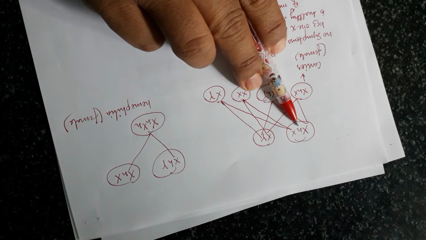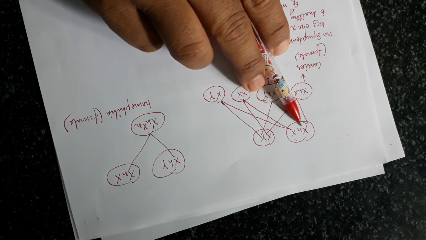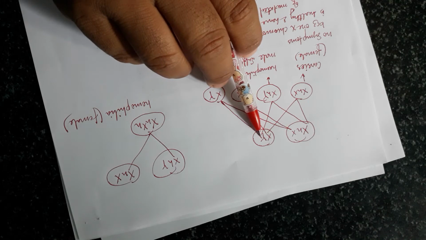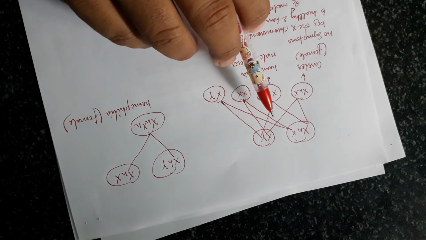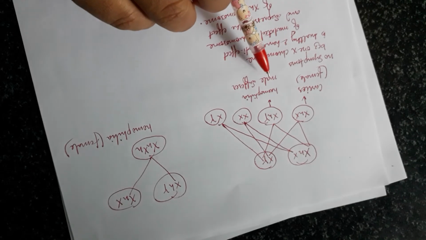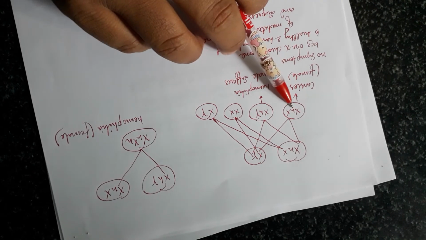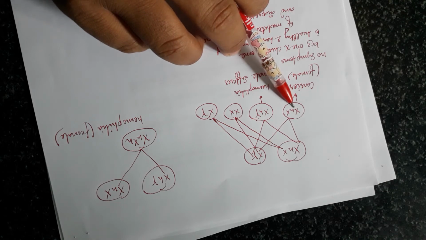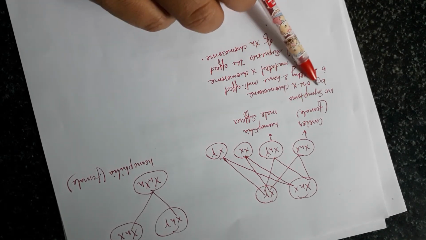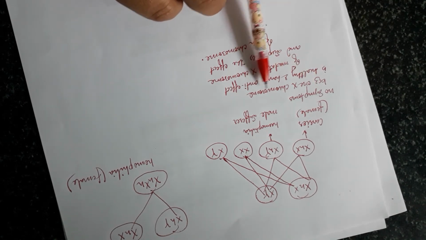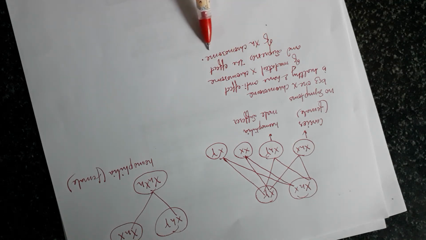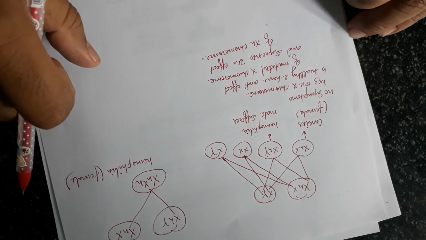This is the female carrier, where one X chromosome has the mutated gene, represented as XH, and the other X is normal, and this is the normal male, X and Y. So in hemophilia, the female is always a carrier, and the male is the sufferer, because the female has one X hemophilic gene and another normal X. So this female is a carrier, and they don't have any symptoms because one X chromosome is healthy and suppresses the effect of the mutated X chromosome. That's why females do not get this disease.